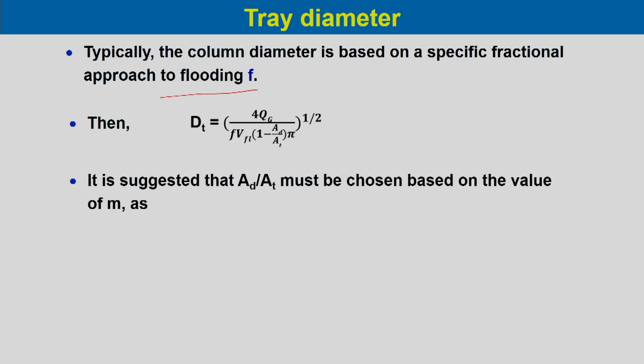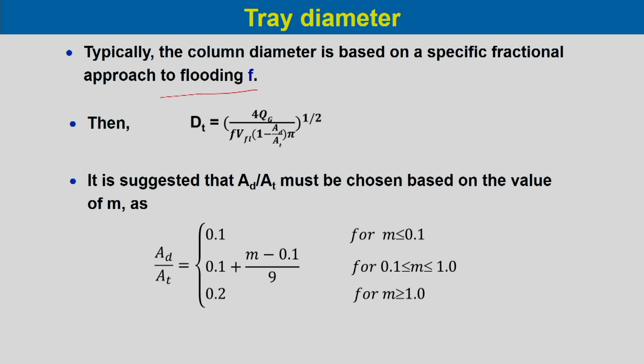It is suggested that AD by AT be chosen based on the value of m: AD by AT would be 0.1 when m is less than 0.1; AD by AT would be 0.1 plus (m minus 0.1) divided by 9 when m is greater than or equal to 0.1 and less than or equal to 1; and it would be 0.2 for m greater than 1.0.